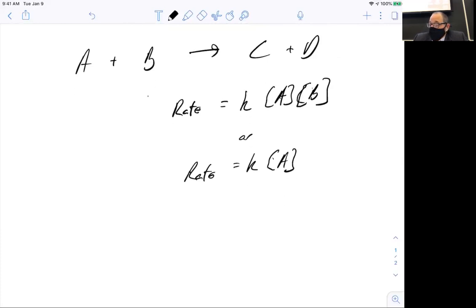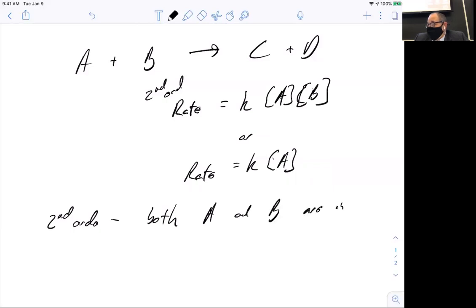If we look at second order, what the second order is saying is that both A and B are involved in the rate determining step.